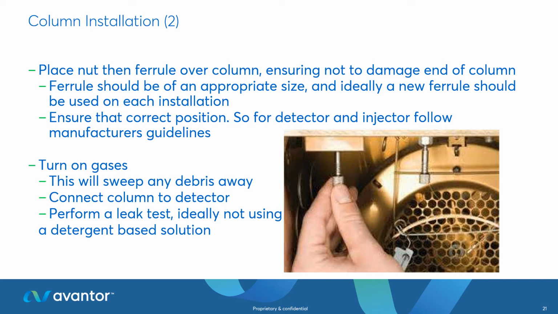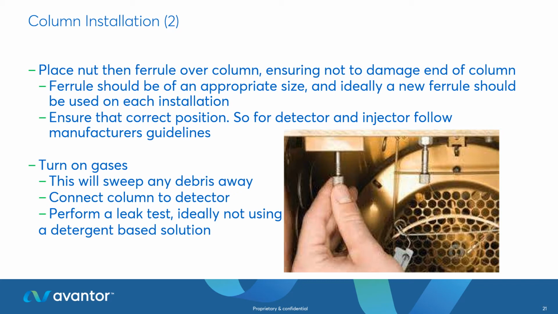In terms of the alignment of the column, make sure that you read carefully the manufacturer's comments on this from the gas chromatograph, so how that fits in. It's important to get the right setup in terms of the distance.